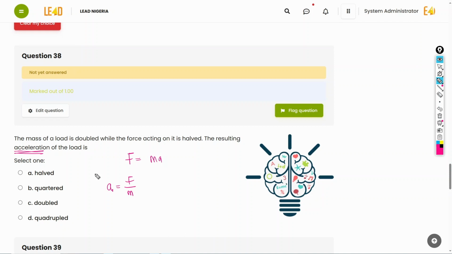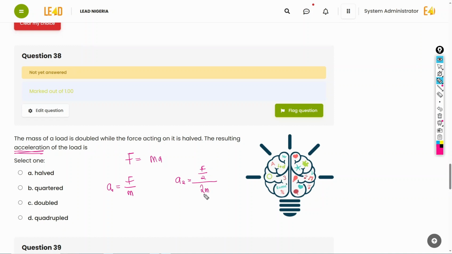Now for A2, what is F? F is halved, so we're dealing with F over 2, divided by, instead of m, the mass is doubled, so we have 2m.